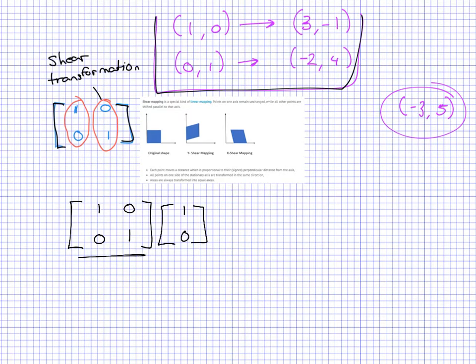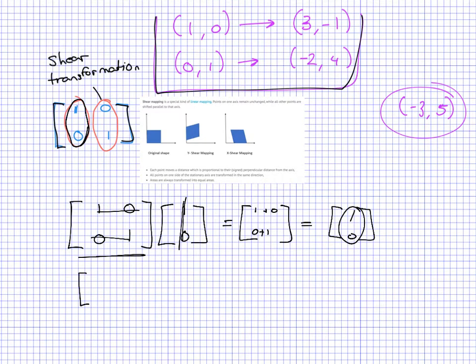It shows no change. So if I put this point through the multiplication, I'll have this row by this column. So I'll have 1 plus 0 in my top position, and in the bottom one I'll have 0 plus 1. So therefore the point hasn't moved, which you can see. Now what I want you to compare is this column here with the answer. They're the same.